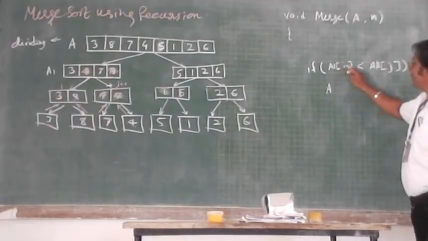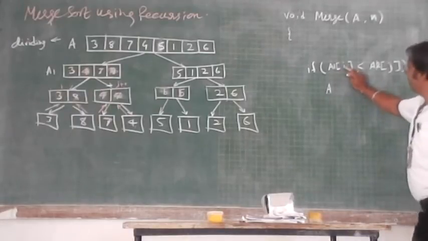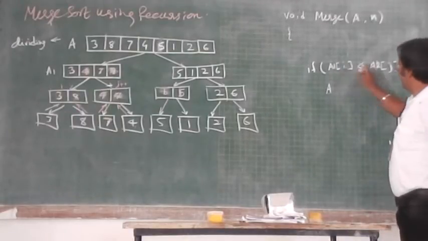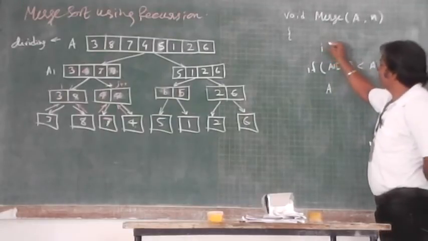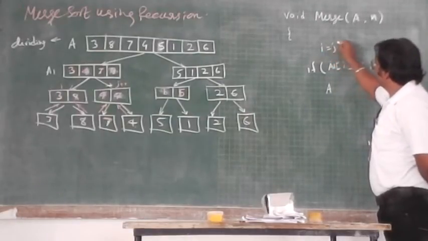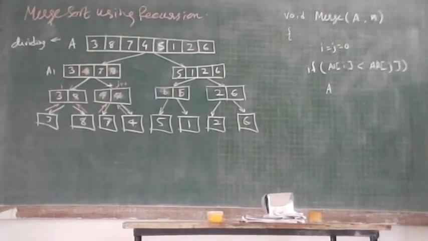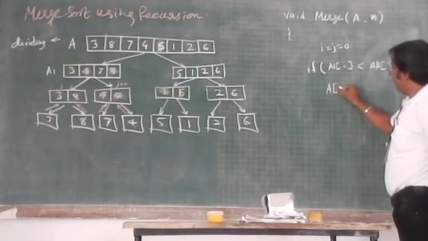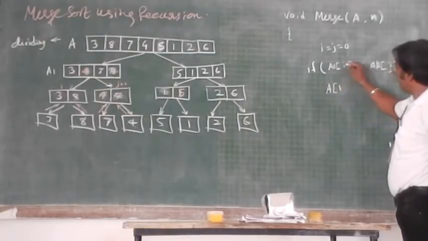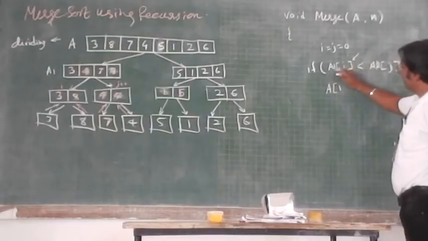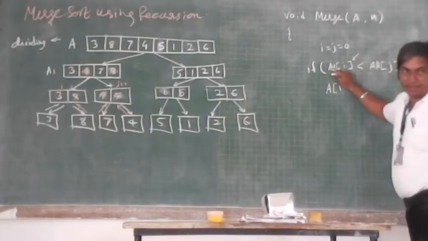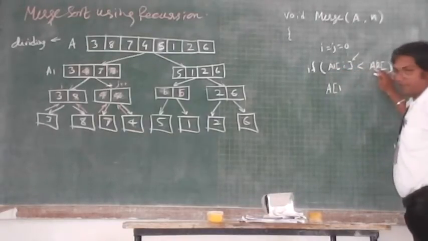So I am comparing the first elements. So I can consider i equal to j equal to 0 initially. Okay? I consider i as an index for array A1, j is the index for array A2.